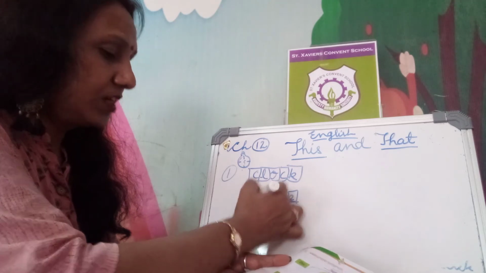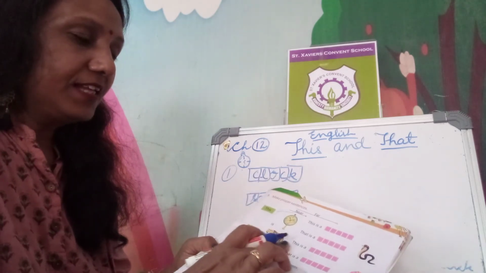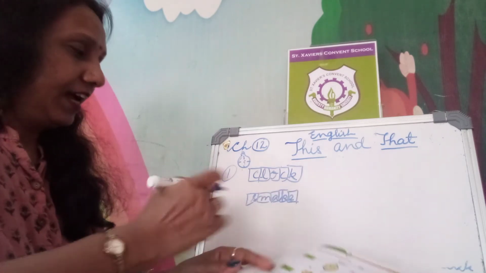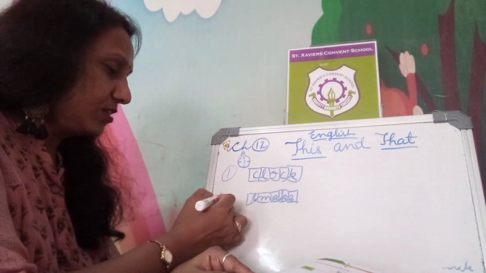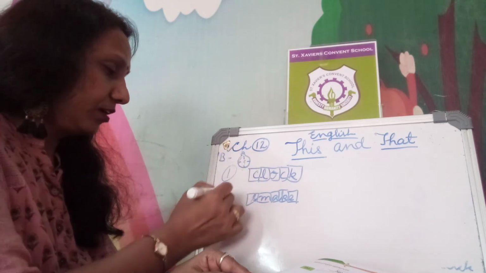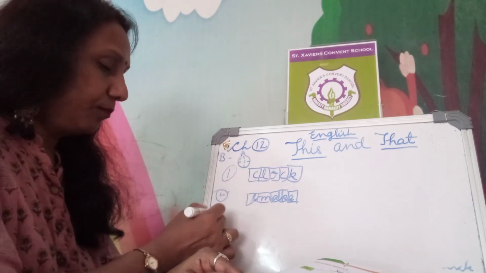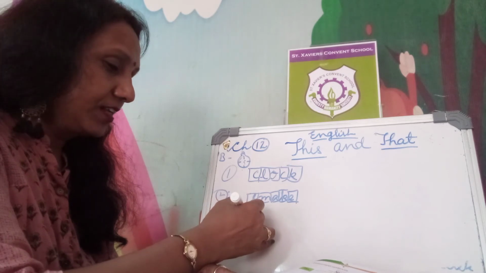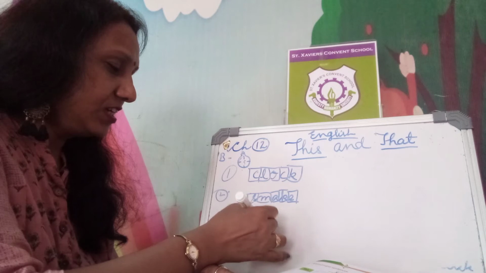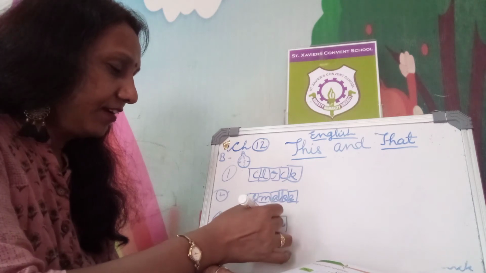Now next picture. This is a tiger. Tiger is near to you. Yes or no? Exercise B we are doing. Number 3, tiger. Spelling of tiger.